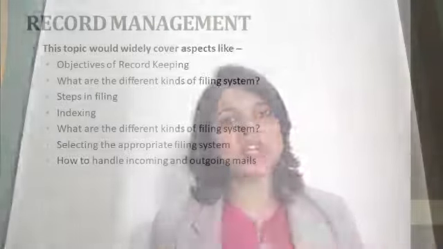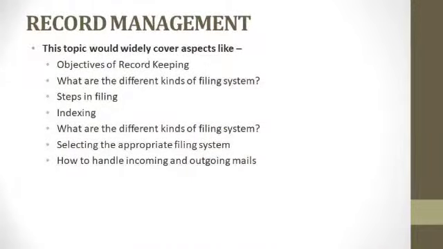Now record management, the first one is to understand what is record management. So the objective is basically very simple, that how do you compile things in a nice way so that it can be easily derived whenever required.